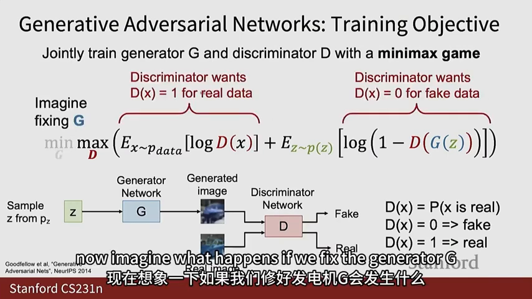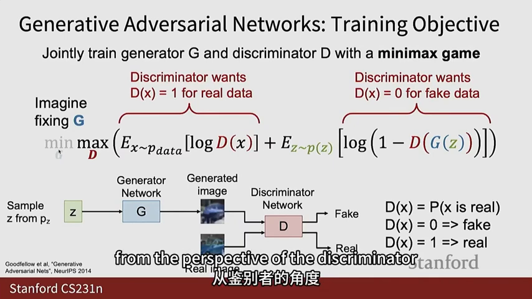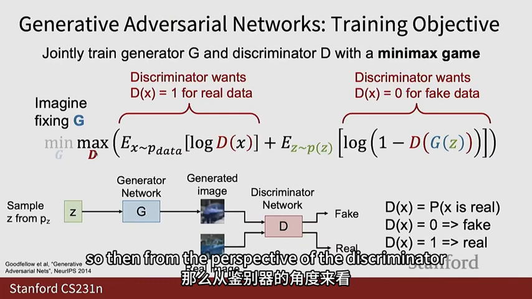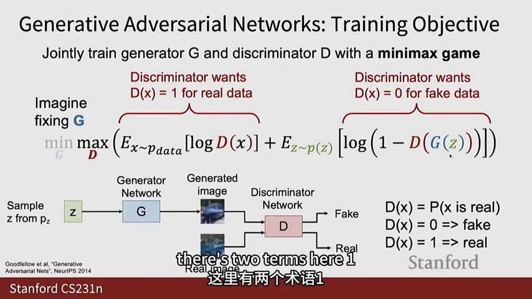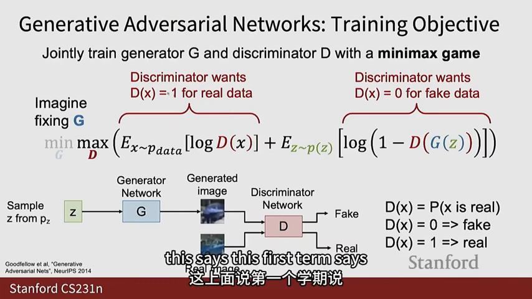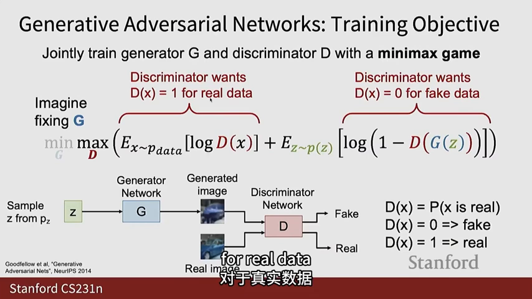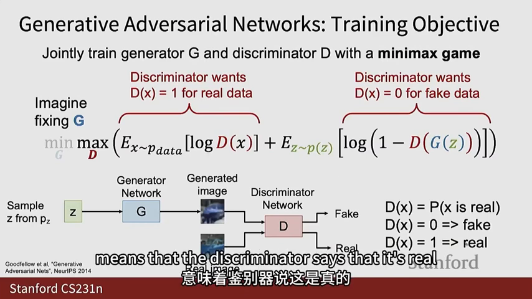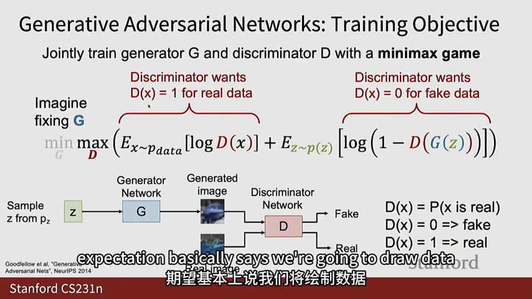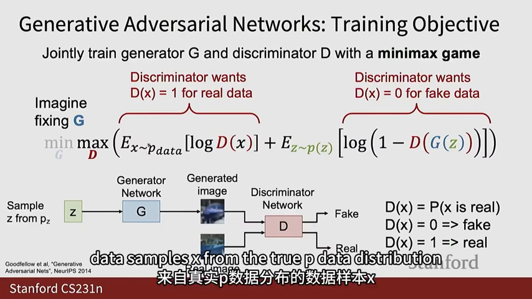Now imagine what happens if we fix the generator G, and just imagine this problem from the perspective of the discriminator. So then, from the perspective of the discriminator, there's two terms here. One, this first term says the discriminator wants D of x equals 1 for real data. Remember, D of x equals 1 means that the discriminator says that it's real, and this expectation basically says we're going to draw data samples x from the true p-data distribution.